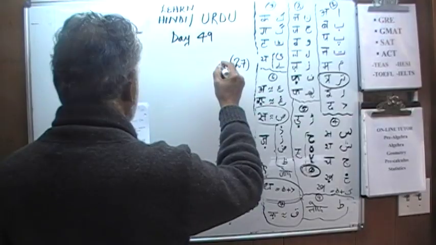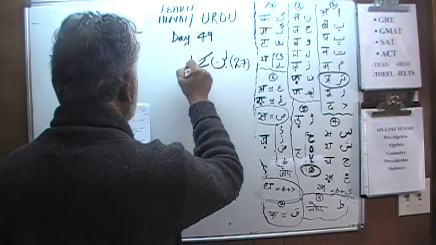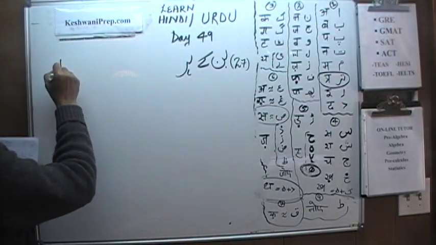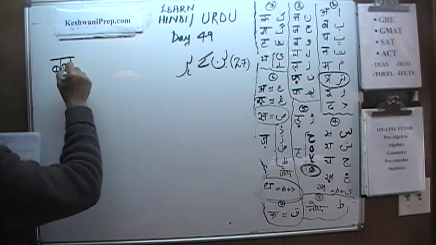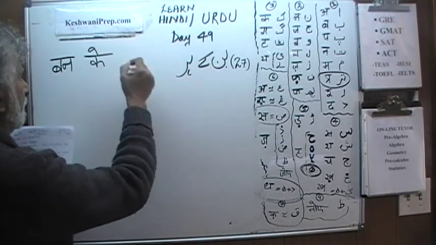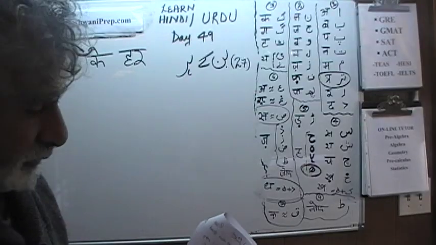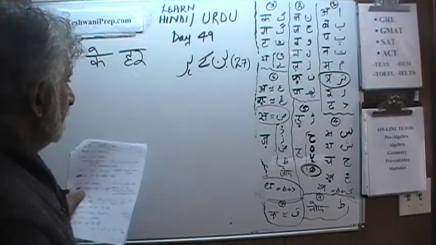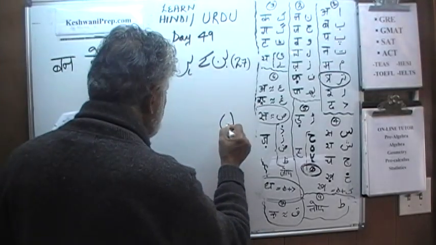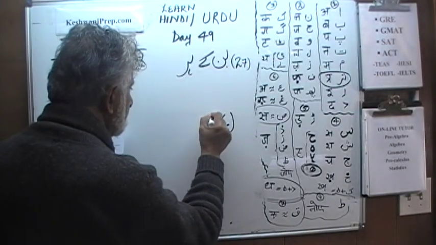It says ban ke har. The next word is a vocab word. The word is naqsh.